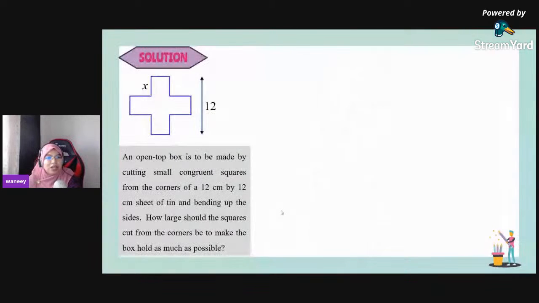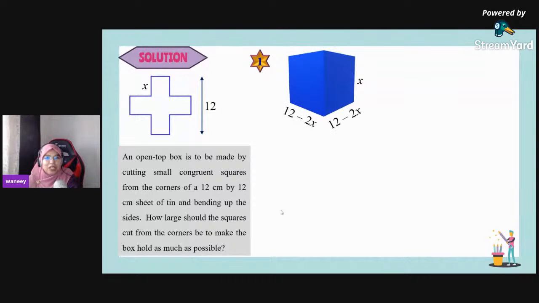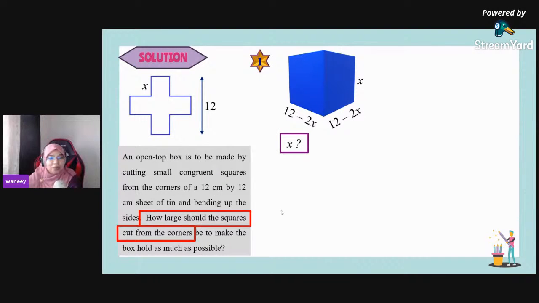Okay, so now, the first step, we need to identify what are the things that we are using. How large should the square cut from the corner be? It simply means that we want to find out the value of x. So x will be the variable.